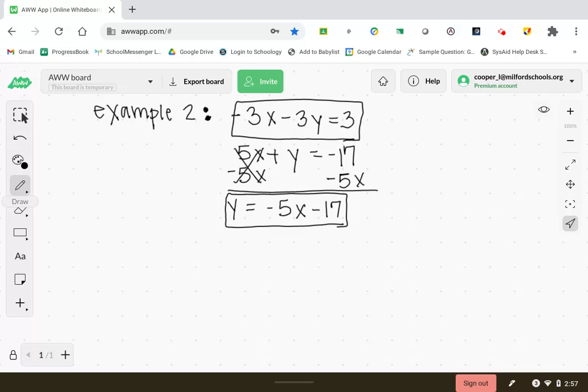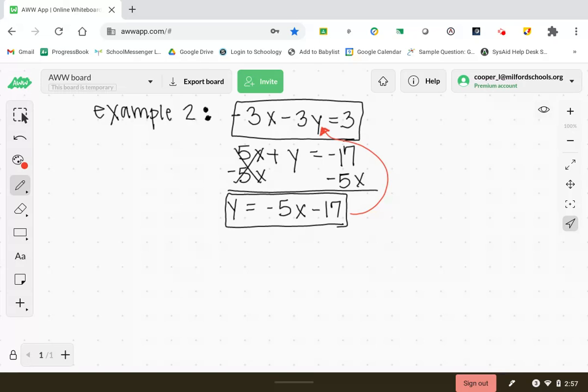So if y equals negative 5x minus 17 here, I want to see what it is in here. So I'm going to substitute negative 5x minus 17 in for the y in the other equation. Again, we're just using these together, and this is a way to use them together.